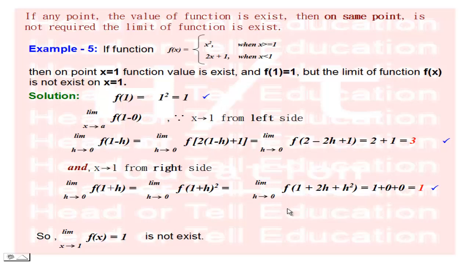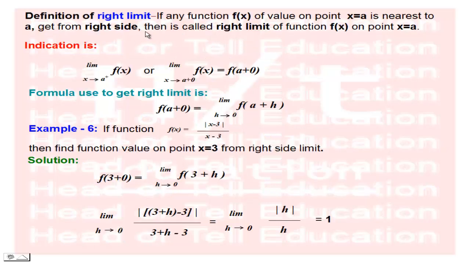Next, we learn the definition of the right limit. What is the definition of the right limit? If the value of any function f(x) at the point x equal to a is nearest to a, approached from the right side, then it is called the right limit of the function f(x) at the point x equal to a.